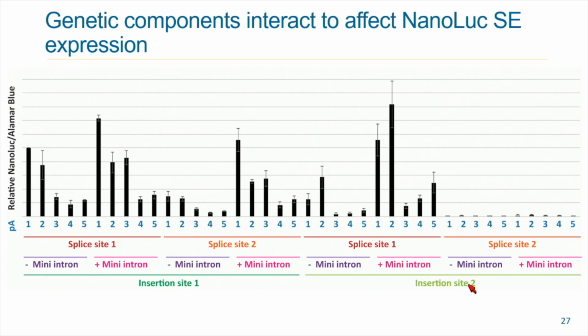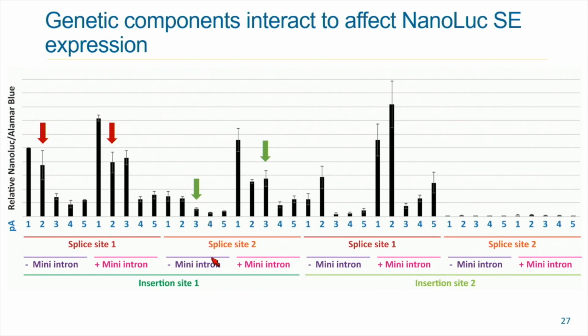For example, it's pretty apparent right away that insertion site 2 and splice site 2 do not pair very well together. And there's a lot to unpack here, and I'll just show you one example. Shown in red is the same insertion site and the same splice site, same UTR, the absence or presence of a mini intron. In this case, the presence or absence of a mini intron really has no notable effect on the expression of the NanoLuc construct.